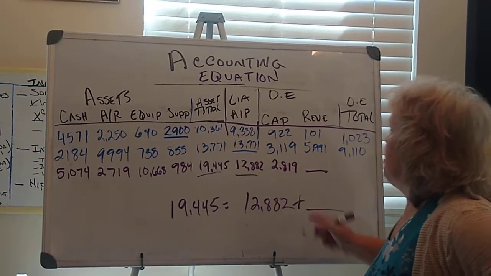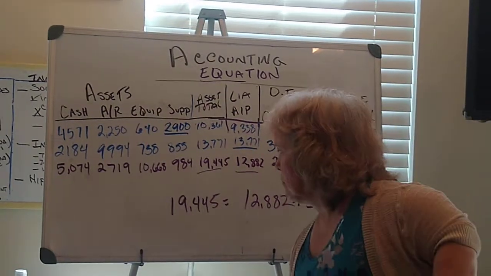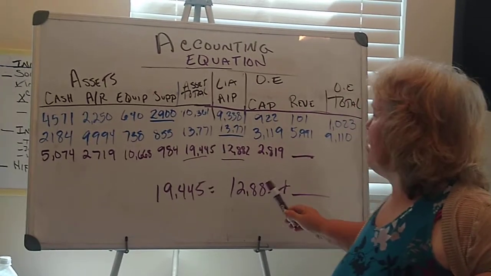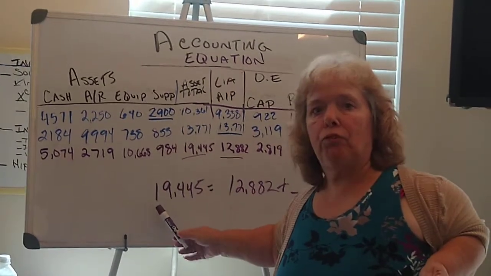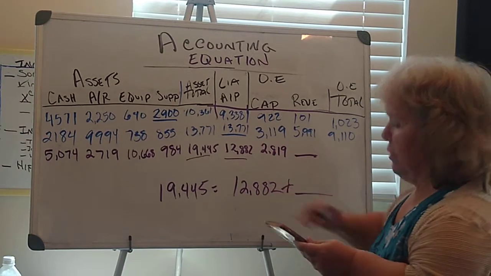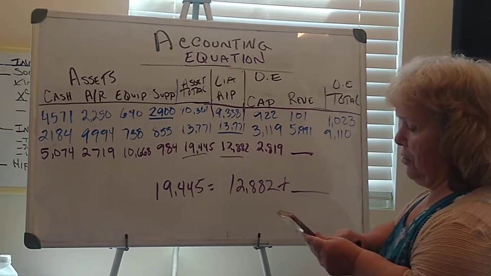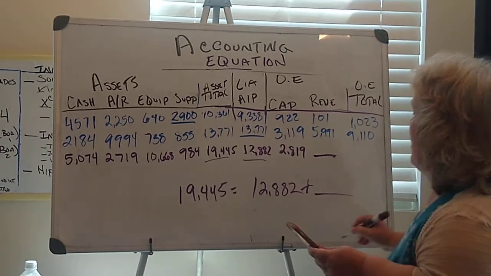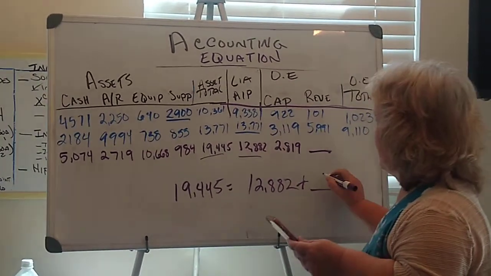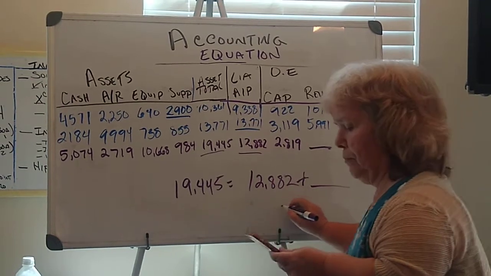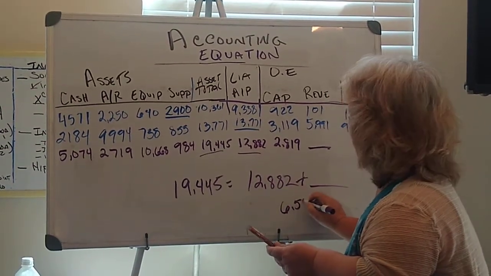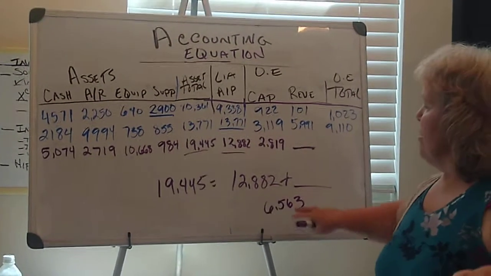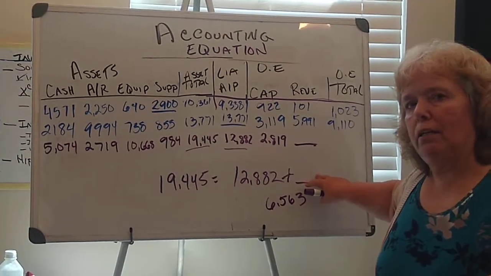So again, what you would do is subtract the 12,882 from the 19,445, right? Minus 12,882 equals. So what I got is 6,563. So this is what this number should be, right?